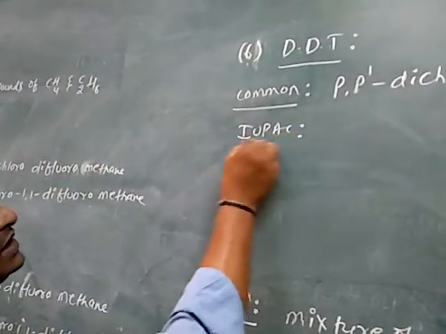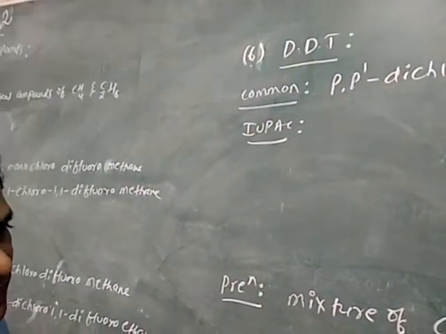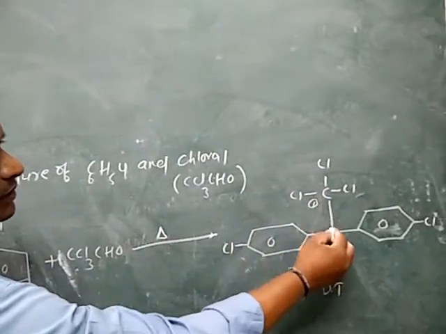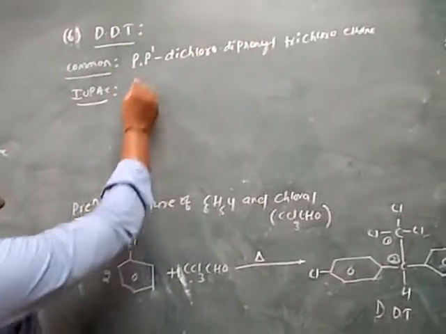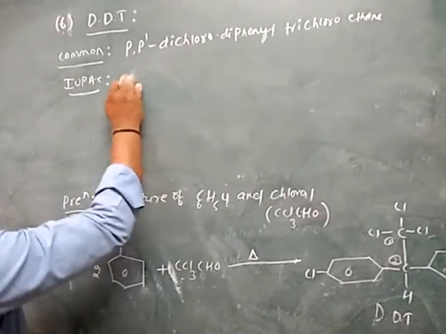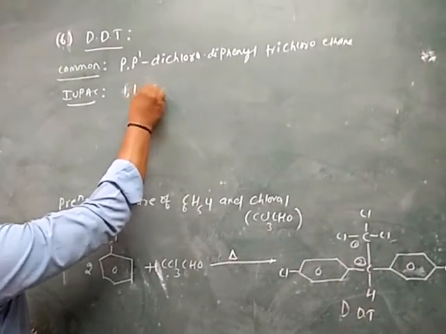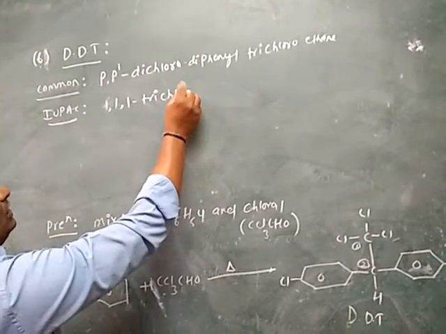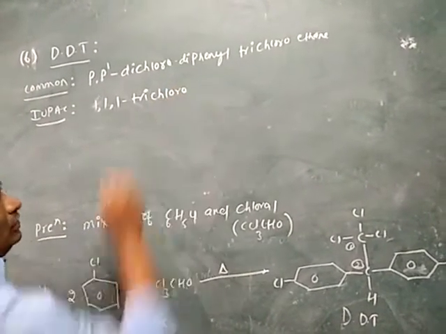The IUPAC name: this is the first carbon, and this is the second carbon. The first carbon has 3 chlorines, so 1,1,1-trichloro.